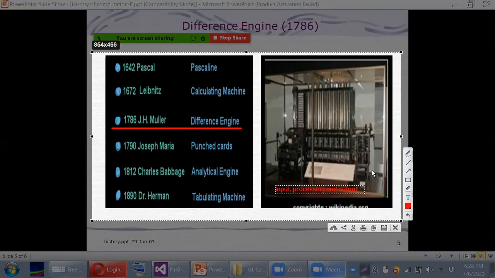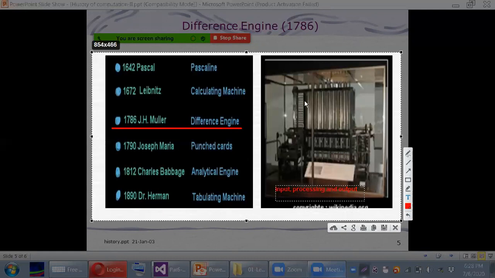So for the first time J.H. Muller gave this idea that a computer should be structured to be composed of three different units: input, processing, and output. This was the first machine which gave this idea.